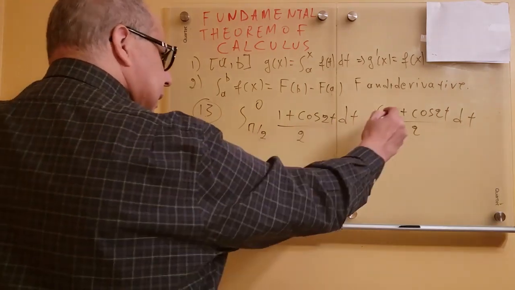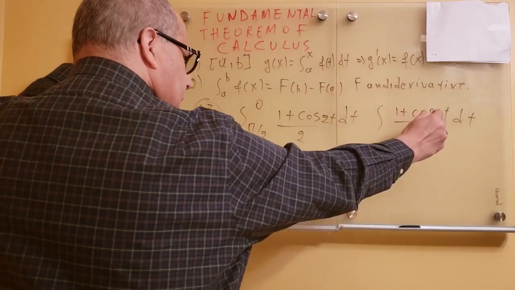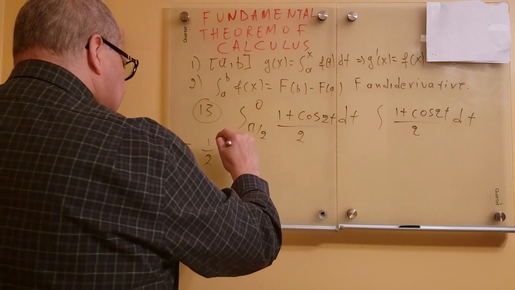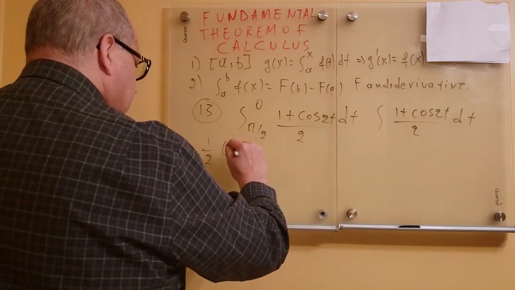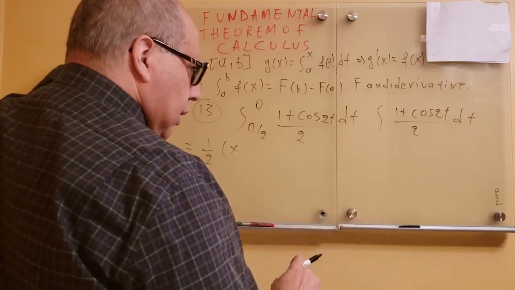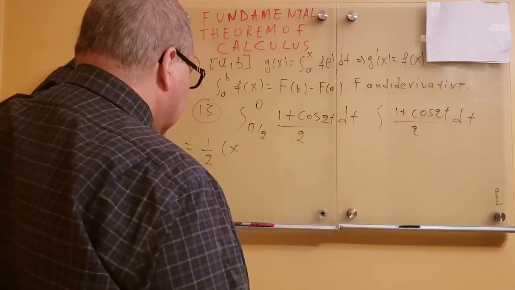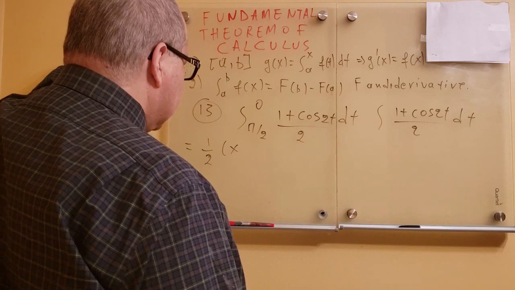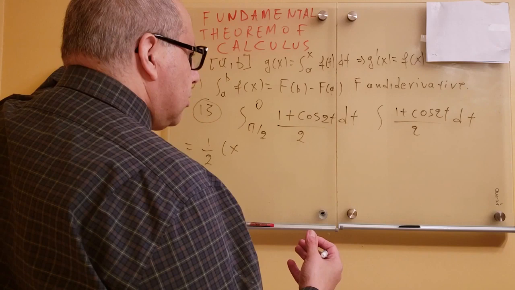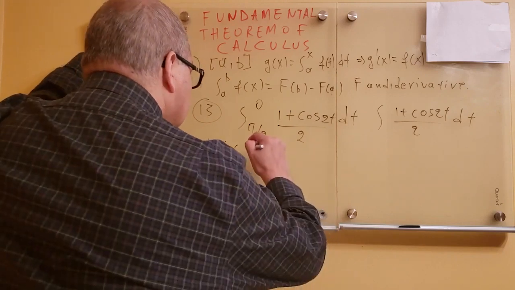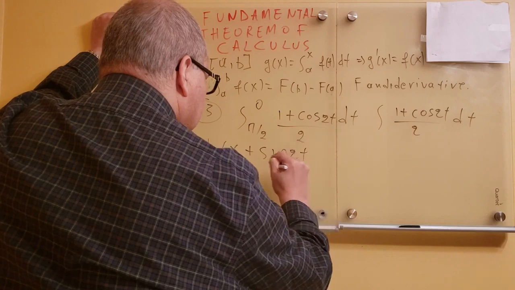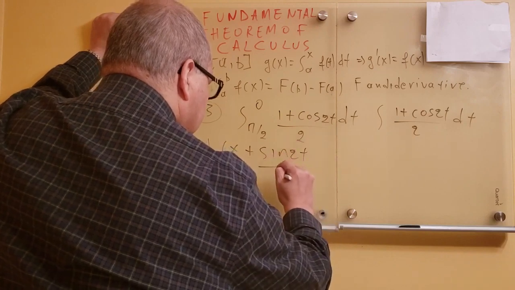And now you have the integral of 1 plus the integral of cos of 2t. So the integral of 1 is x. And the integral of cos 2t, it's one of the given integrals in the previous section. And it's actually equal with sine 2t over 2.